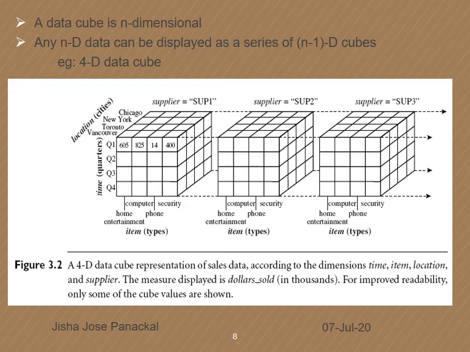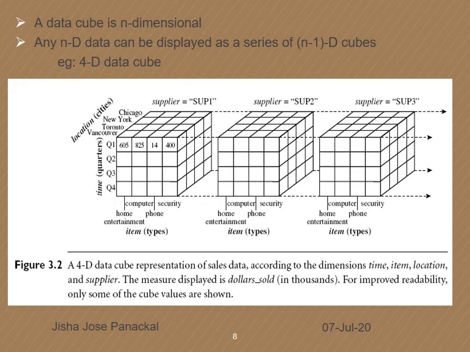Here we will see a data cube with more than 3 dimensions. Actually, a multidimensional data model or a data cube is n-dimensional, but for simplicity we are studying it as a 3-dimensional model. But any n-D data can be displayed as a series of (n-1)-D cubes.